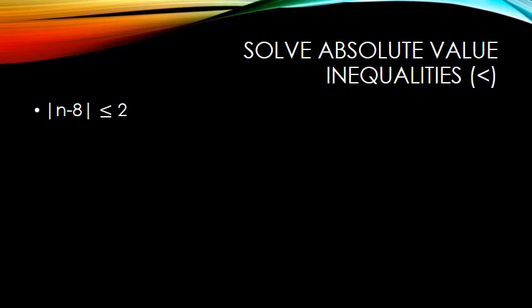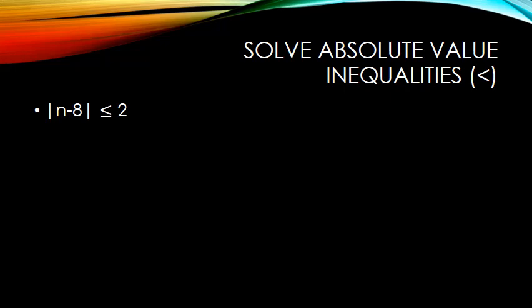So our less than absolute value inequalities are going to be and statements, and our greater than inequality statements are going to be or statements. One thing we have to do differently than when we were solving absolute value equations is that when we set up our second case, we're going to flip this inequality.